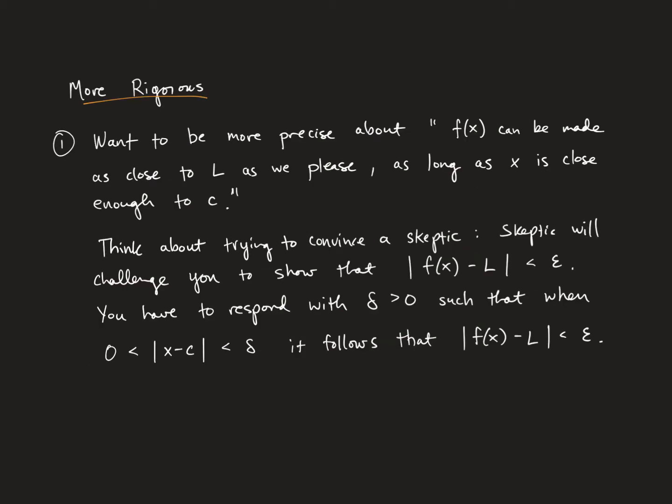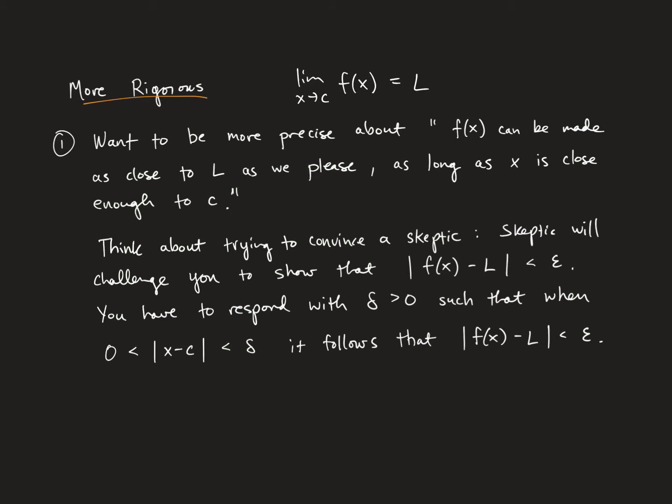To put a little bit more rigor on those two points above, first, we want to be more precise about the intuitive statement that f of x can be made as close to L as we please as long as x is close enough to c. This is our intuitive idea of what the limit as x approaches c of f of x equals L is: that f can be made as close to L as we'd like as long as x is sufficiently close to c.